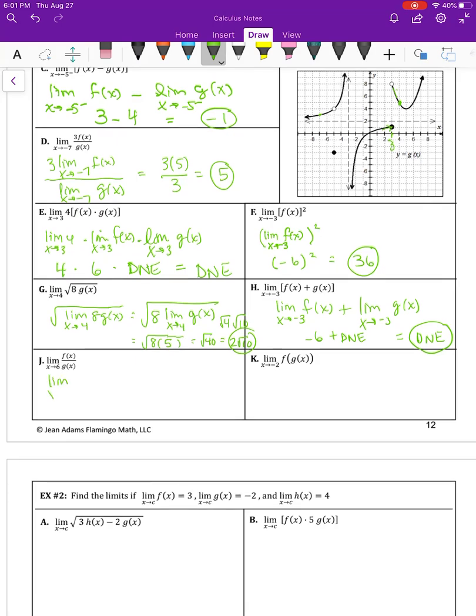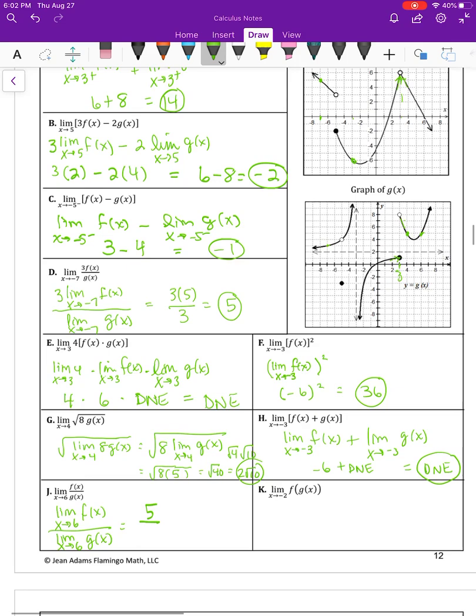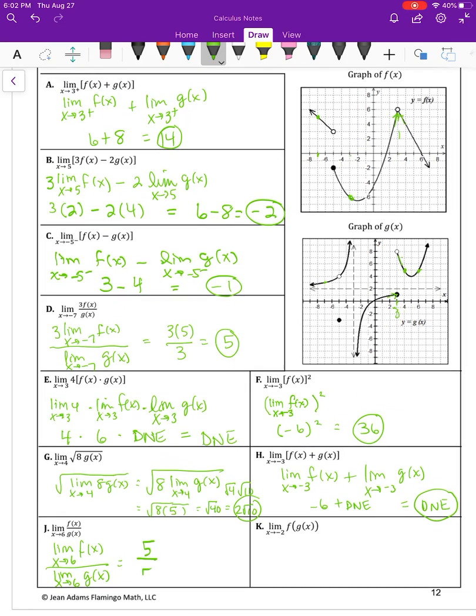Okay, again, the limit of a quotient is the quotient of the limits. So if I'm approaching 6 here, it looks like I have 5. If I'm approaching, oops, I did it again. That was my g of x. When I approached 6, I got 5 for my g of x, and I accidentally put it in for f of x. Oops, there we go.